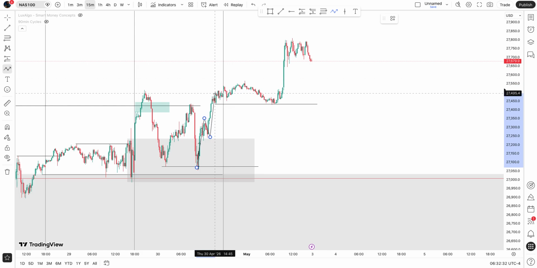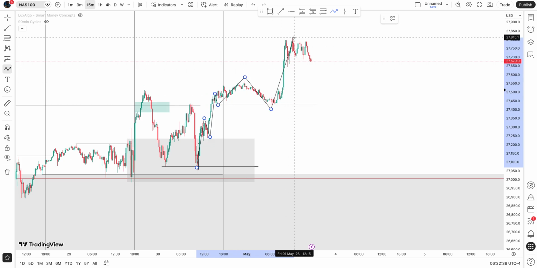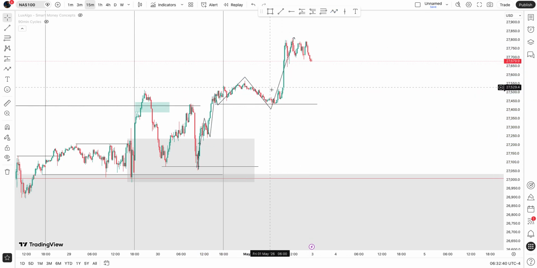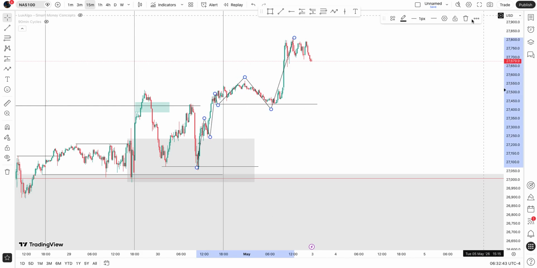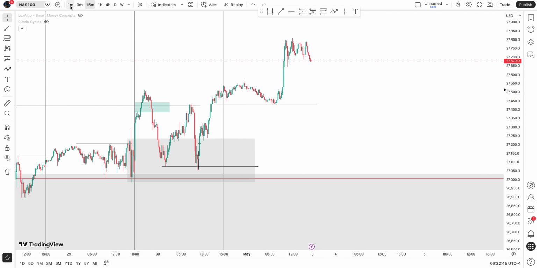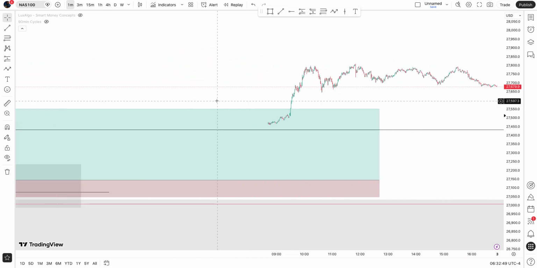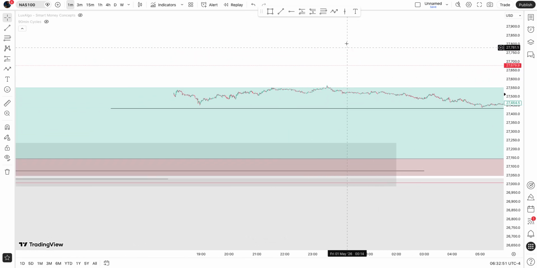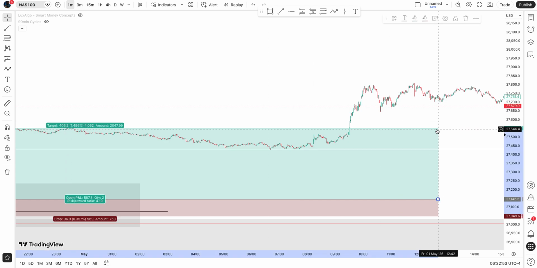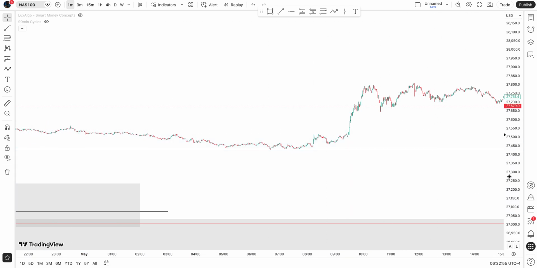And what happened? We have this low here. Price pushed up, came back for the low, then continued going up. All right. So now we have our low here. Then all we have to do is drop down on lower time frame to look for that entry. So still the same thing that you have to do.